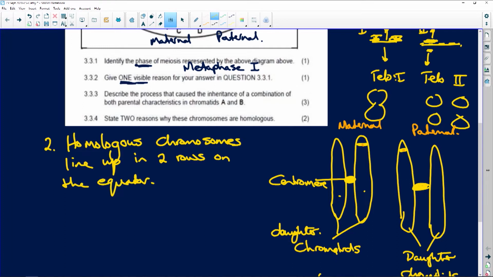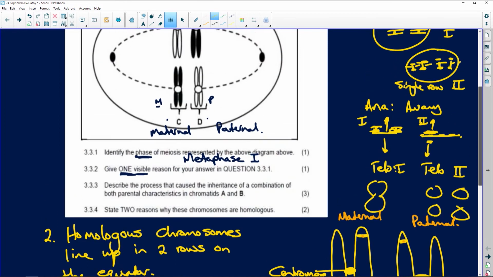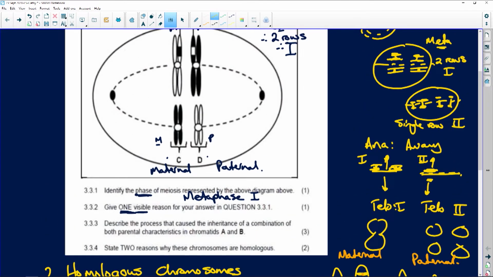Okay, and that's exactly what you can see. There's your maternal and your paternal and your maternal and your paternal, and you have your 2 rows. This here will be row 1, and this is row 2.